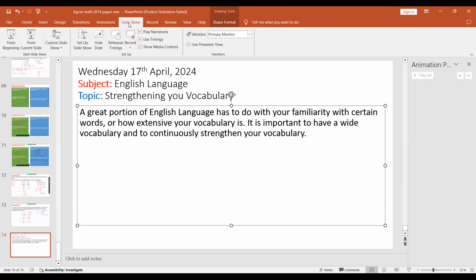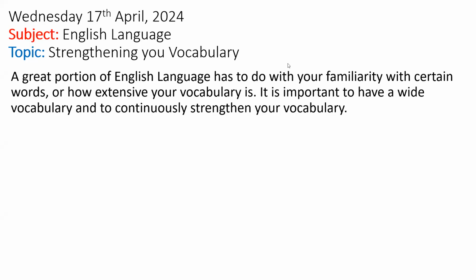Now, question: why is it important in English for you to have a strong vocabulary? I'm gonna ask individually. China, why do you think it is important for us to have a strong vocabulary in English? How could that help us?